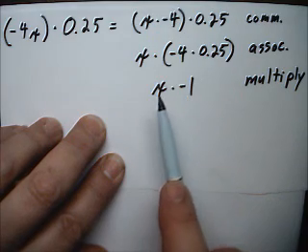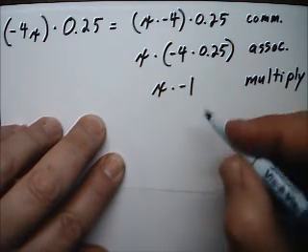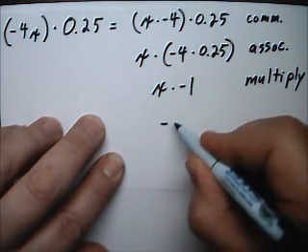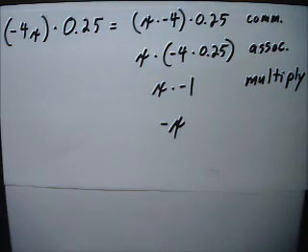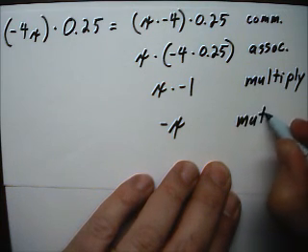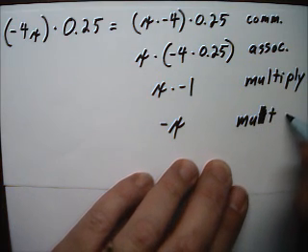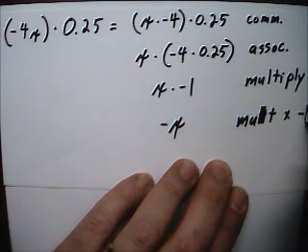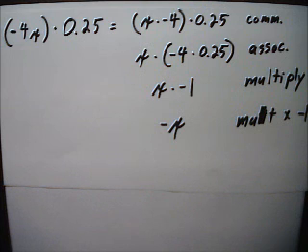When you multiply by -1, it just changes the sign of what you're multiplying by. So this becomes -x, and that property is mult, M-U-L-T, times -1, the multiplication property of -1.